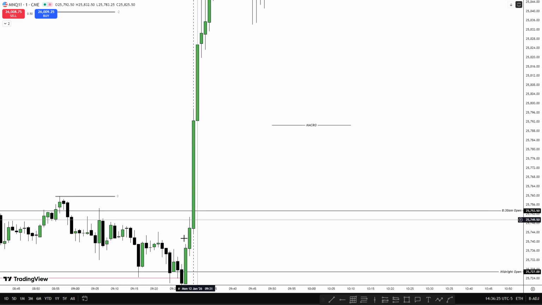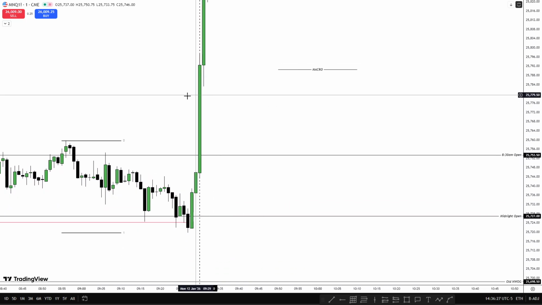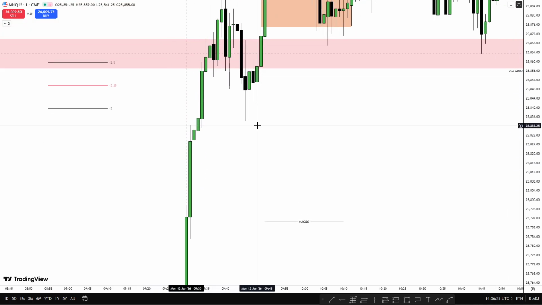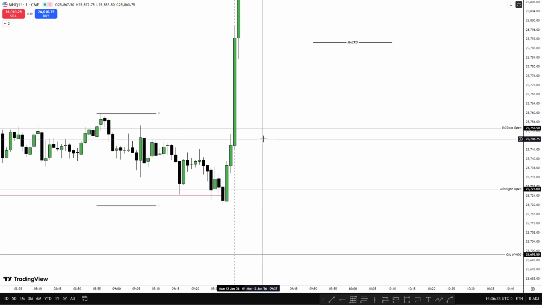We have no retrace in any of these fair value gaps on 1 minute. We have just a little bit of retrace on the 5-minute fair value gap.